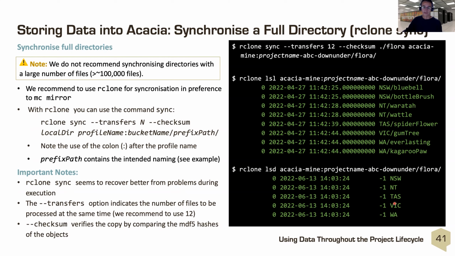So basically what I was trying to show here is that after the rclone synchronization of this local directory Flora, it moved the contents of Flora with its own subdirectories that are not shown here, but we can see that it had the subdirectories inside with the names of the states, well, the initials of the states, and then some information for each state. Everything was copied with that structure, converting the subdirectories into part of the prefix name of the objects. That's it.